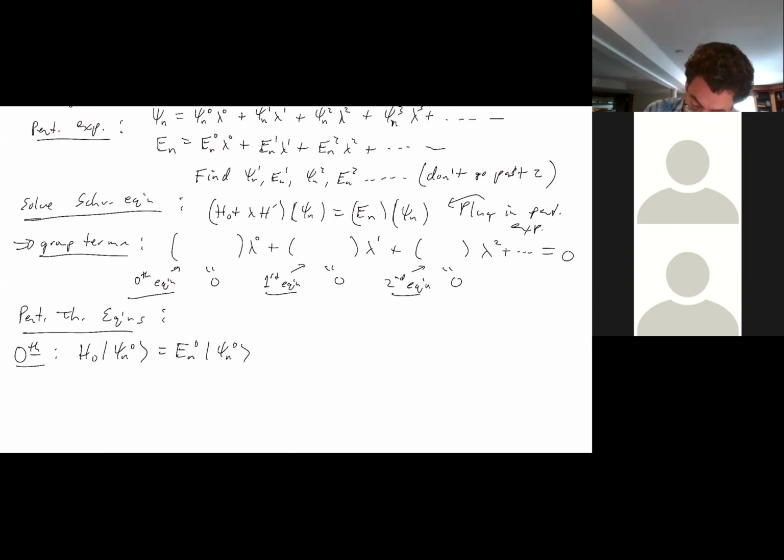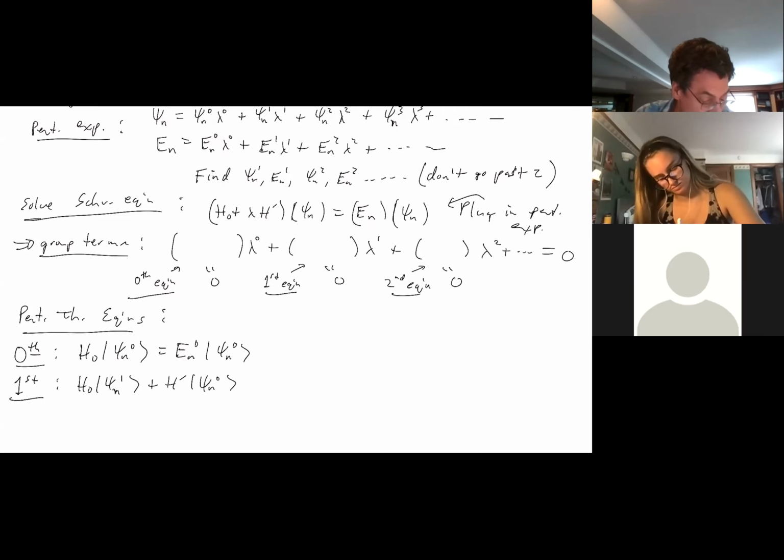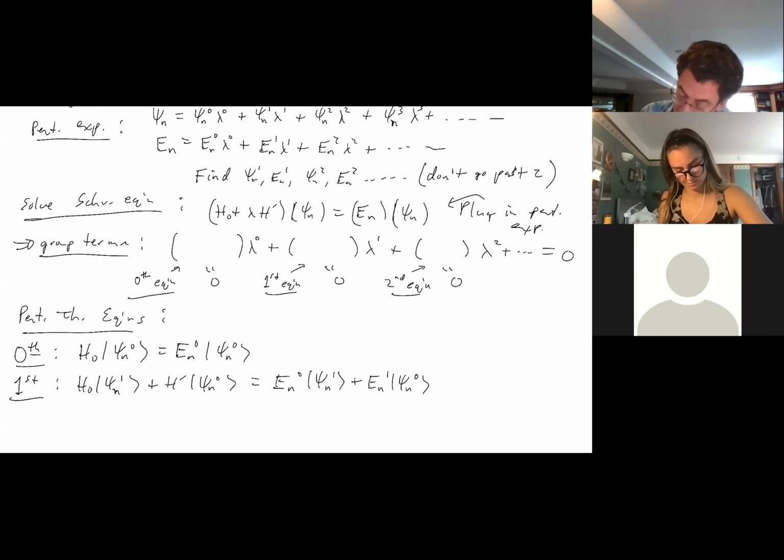And then the 1st order equation is less intuitive. It's not something you've seen before, unless you've taken this class before. H naught times psi n 1 plus H prime psi n naught equals E n naught times psi n 1 plus E n 1 psi n naught, and that's it.